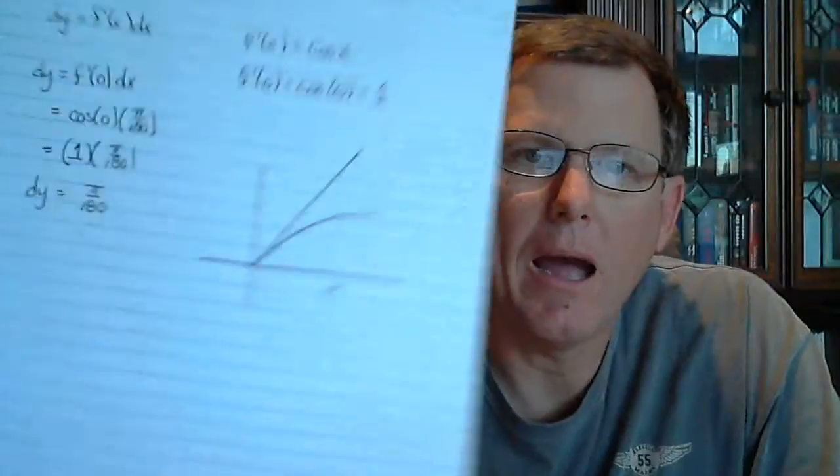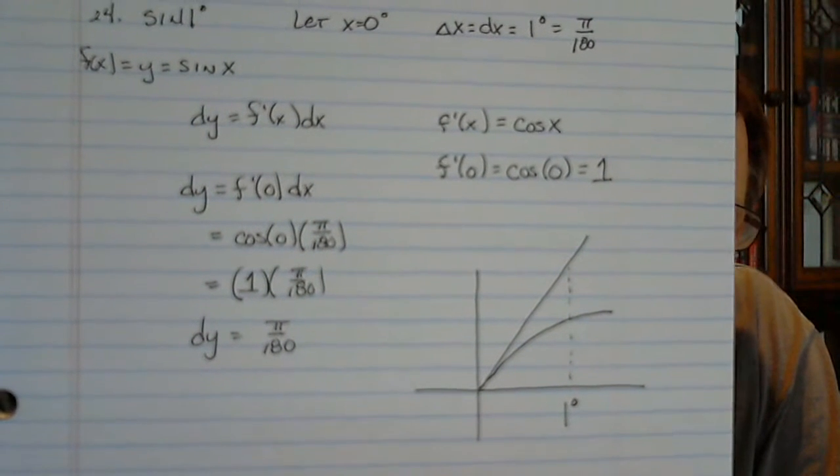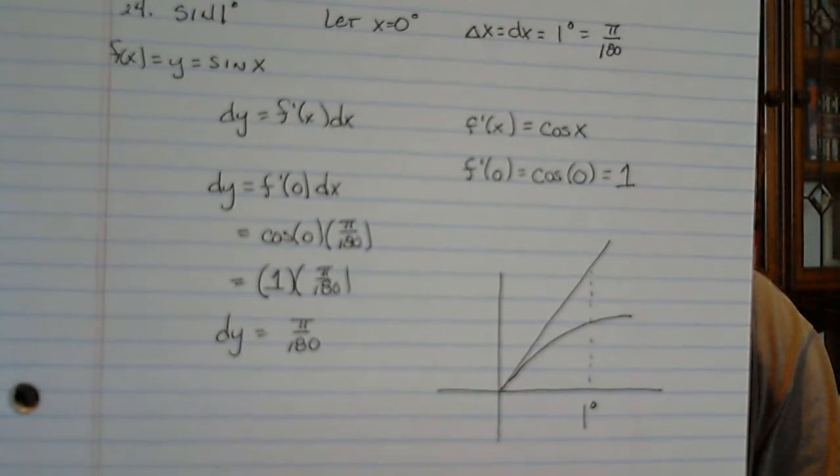Now, from the lecture we looked at today in class, we know that if we exaggerate the graph of sine near 0 immensely, at 1 degree the graph of sine is below the tangent line.